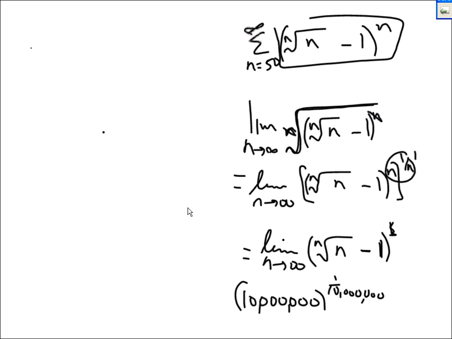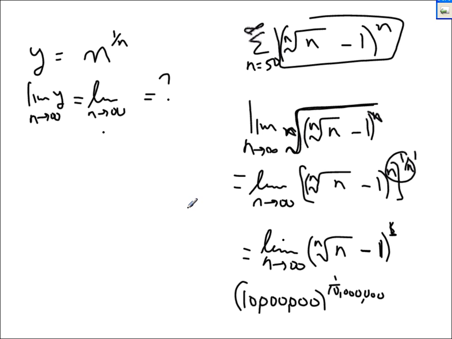If we have that y is equal to the nth root of n, that is n to the 1 over n, what is the limit of y? I want to know what is the limit of y as n goes to infinity. What does this equal? Of course it equals the limit as n goes to infinity of anything that equals y, namely n to the 1 over n.